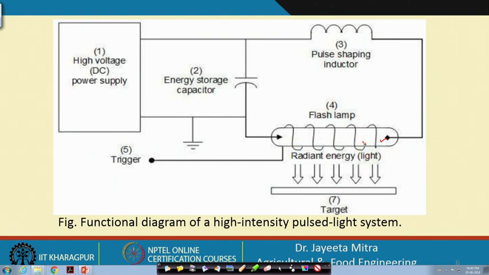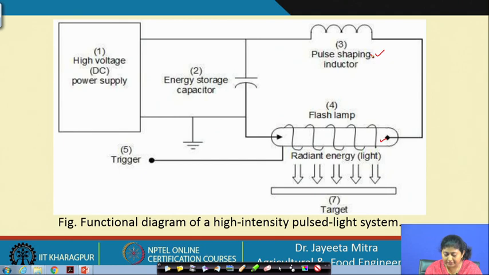So, that radiant energy comes to the target, the food contact material, any surface or the packaging material, etc. And there is a pulse shaping inductor which determines what kind of pulse shape will be generated. Okay. So, this is the functional diagram of pulse light treatment.